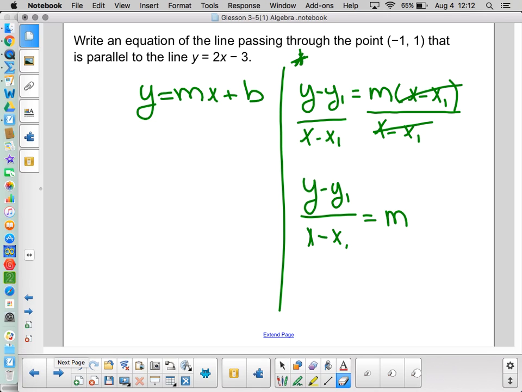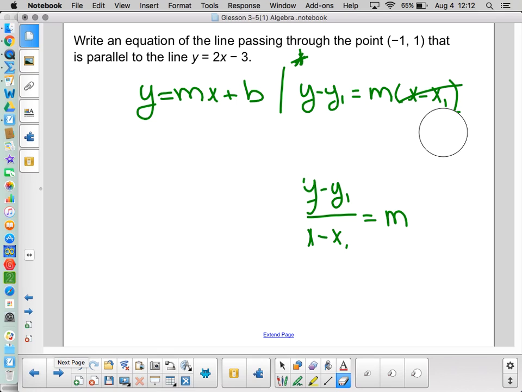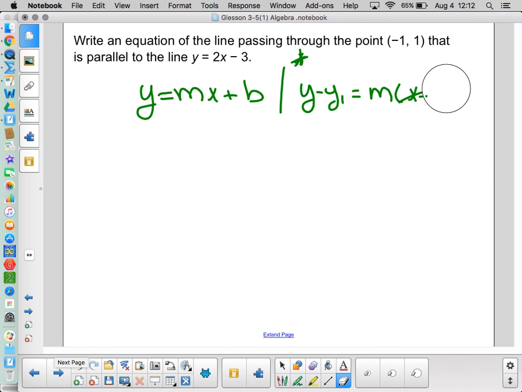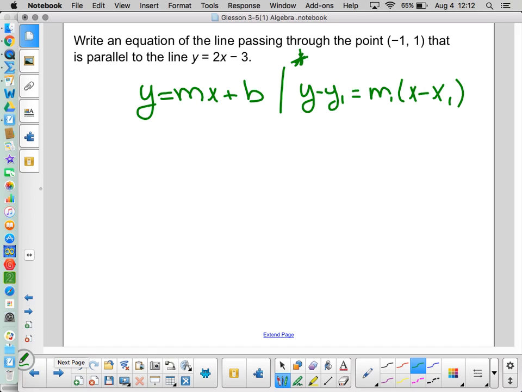And how do we do this? Pretty easily, really, when it comes down to it. This is your x1, this is your y1. We're going to substitute those numbers in. So y minus 1 equals slope times x minus negative 1, so x plus 1.